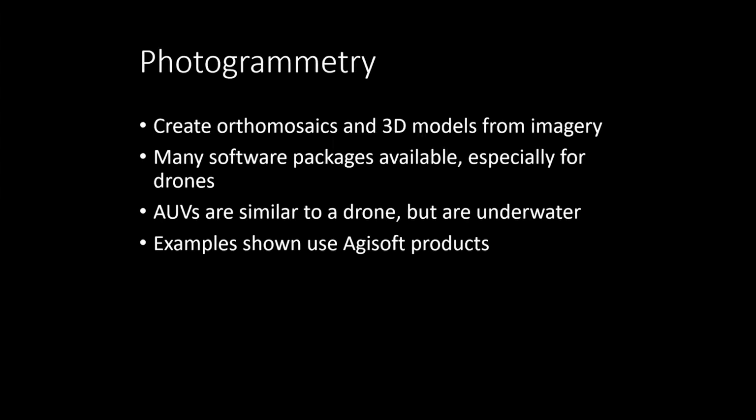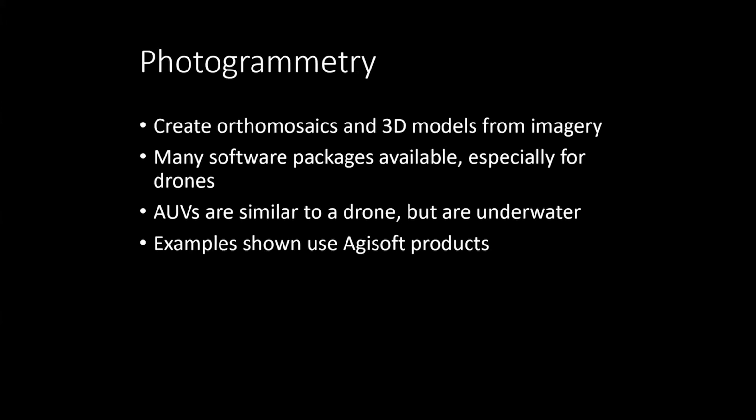This is one of those topics. There's lots of choices of software. I'm not here to say what one's better or worse. I'm just going to tell you the ones that we use. Many times we can borrow from drone technology. If you imagine drones, and you've heard of Drone to Map and other kinds of software, we're basically doing the same thing, but underwater. So our autonomous vehicles are really similar to a drone.